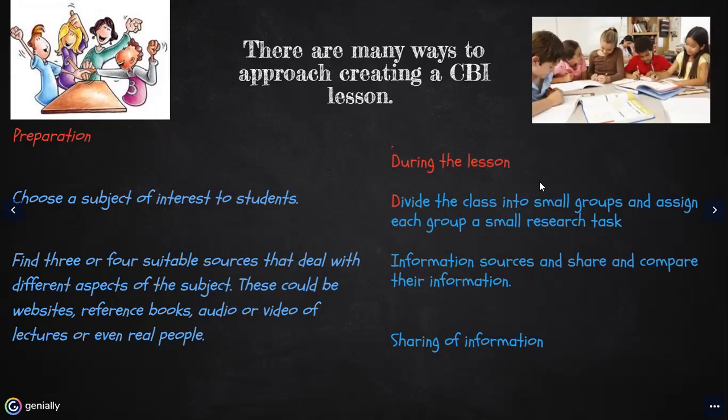During the class, teachers have to divide the class into small groups and assign each group a small research task. The information sources have to allow students to compare their information. And finally, at the end of the class, teachers have to ask students to share the information with the whole class.